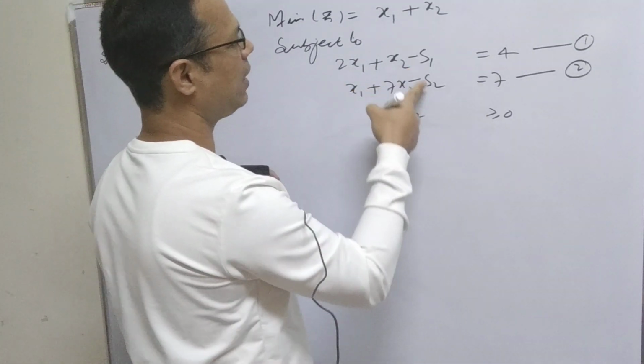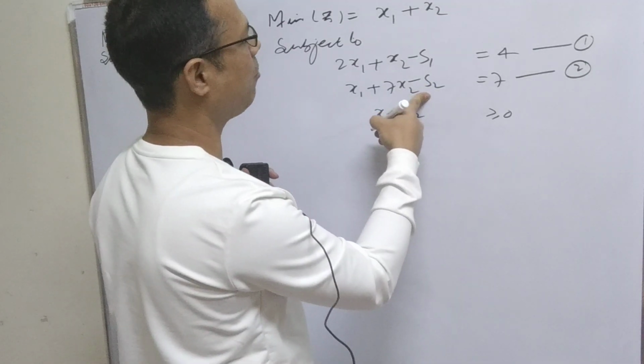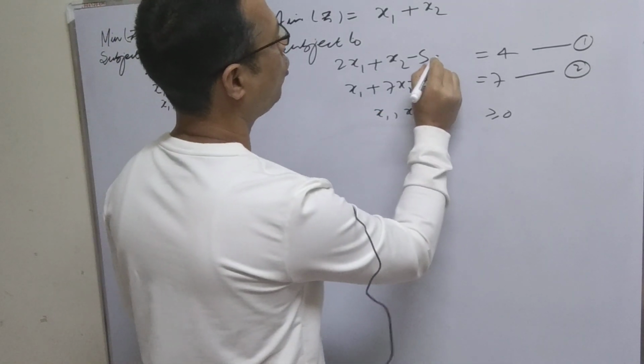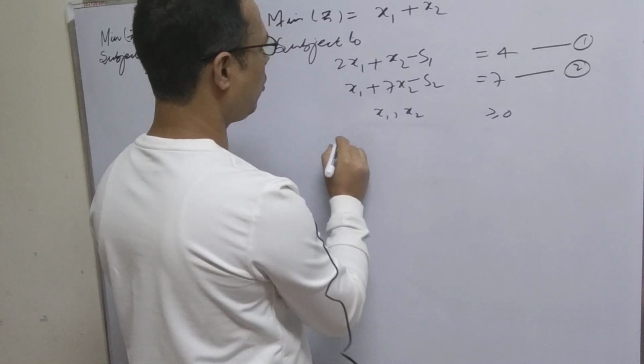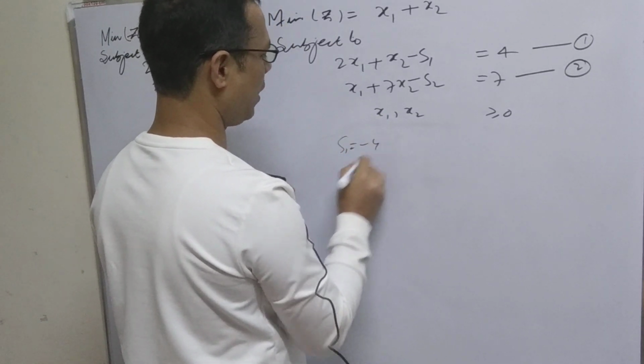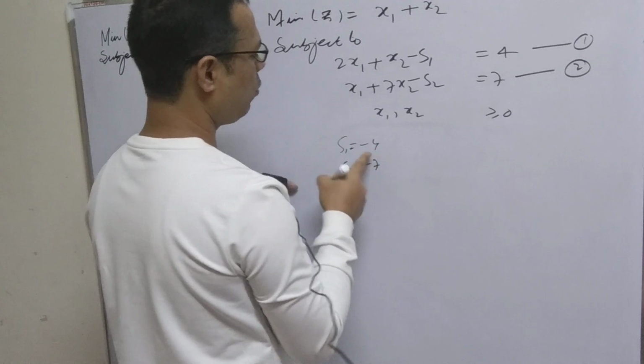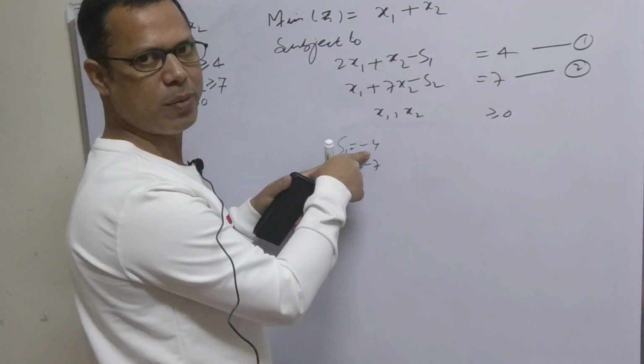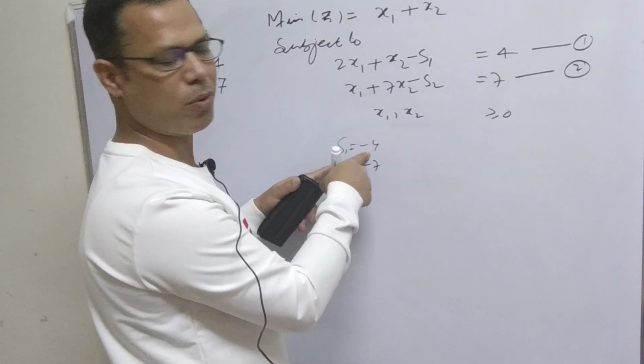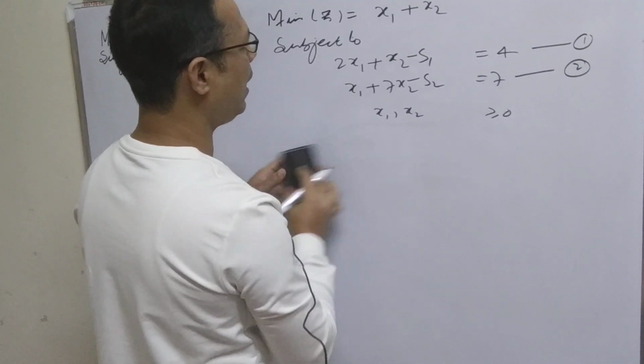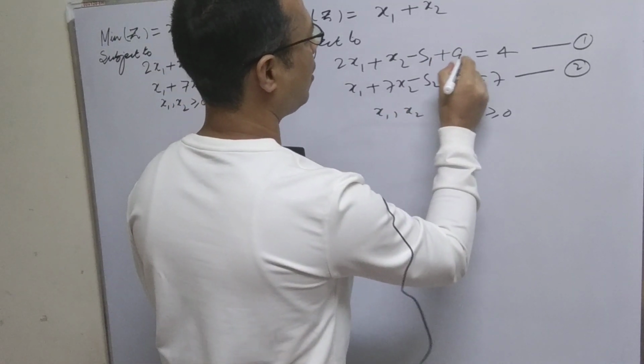So now s1 and s2 are considered here as surplus variables. To change the negative values to positive, because here I have got s1 equal to minus 4 and s2 equal to minus 7, we need to add another variable.